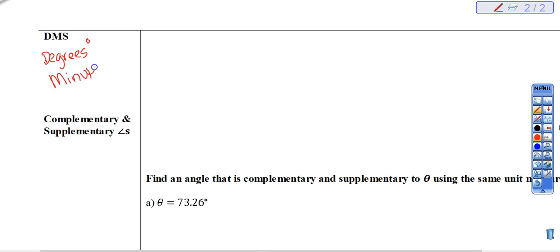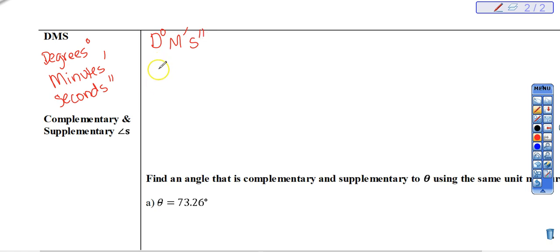Minutes, which is notated with a hash. And seconds, which is notated with a double hash. A lot of times you'll see it in degrees, minutes, and seconds. Minutes and seconds are just smaller increments of a degree, and they're very similar to minutes and seconds on a clock.